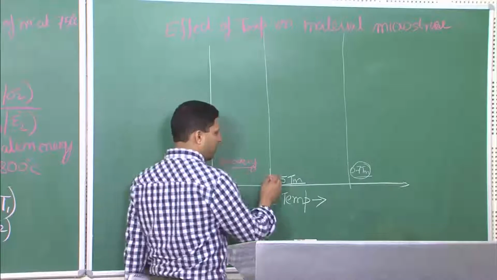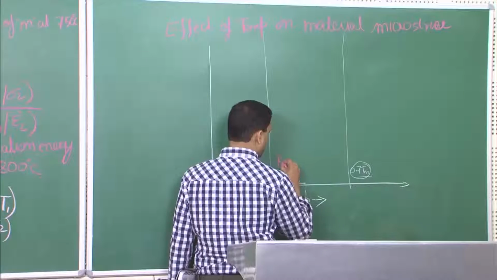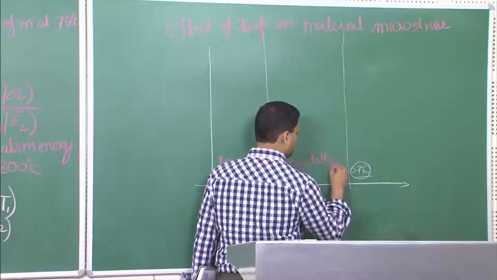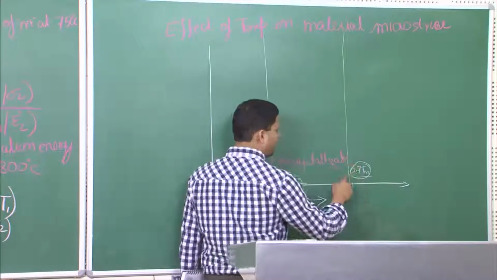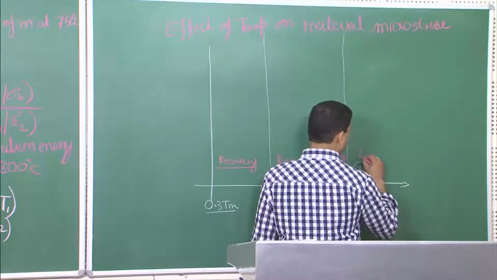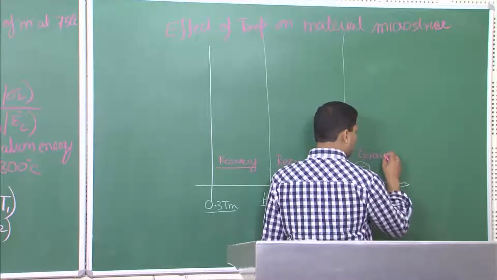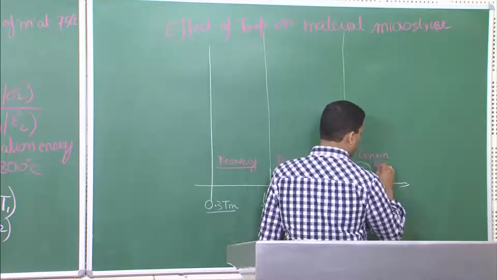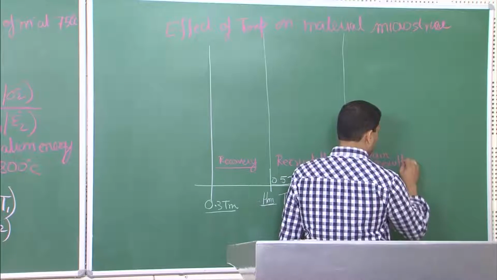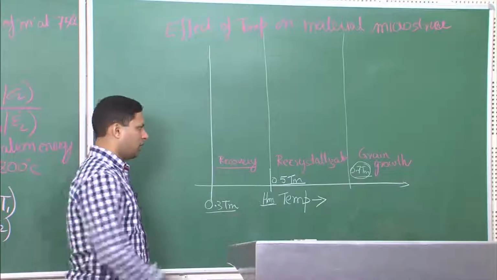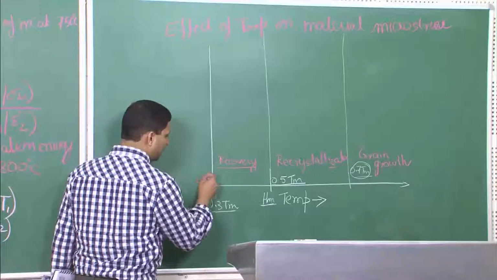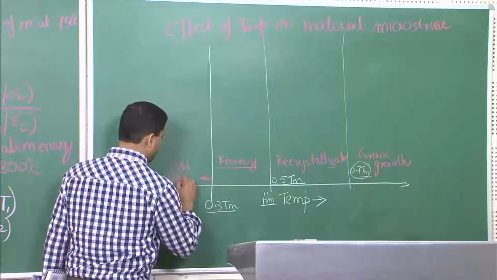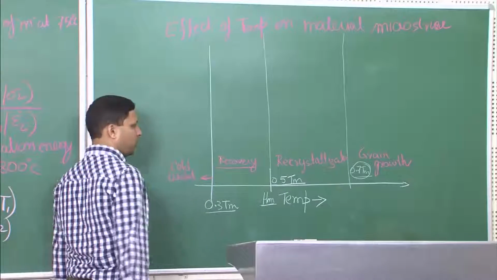So, this is recovery, and above 0.5 Tm what we have is recrystallization, and at a much higher temperature the changes that take place in the microstructure are defined by grain growth. So, there are 3 regions, or in fact you can say below this is the cold work region, meaning no change in the microstructure at all, it is as it is.